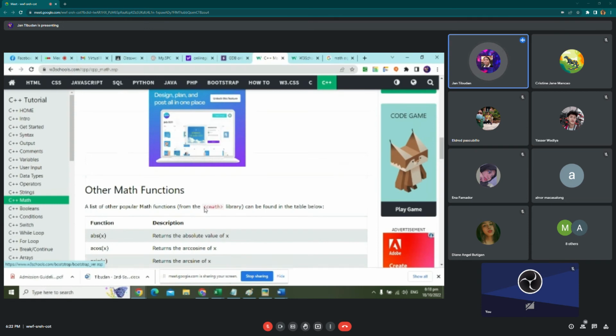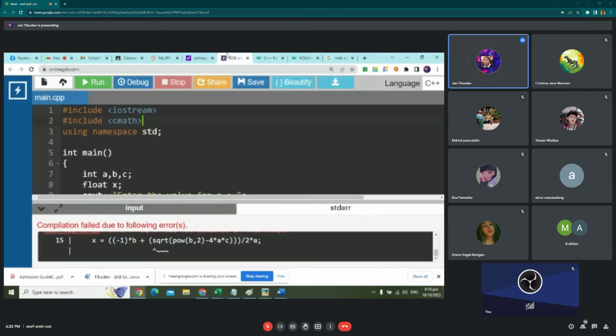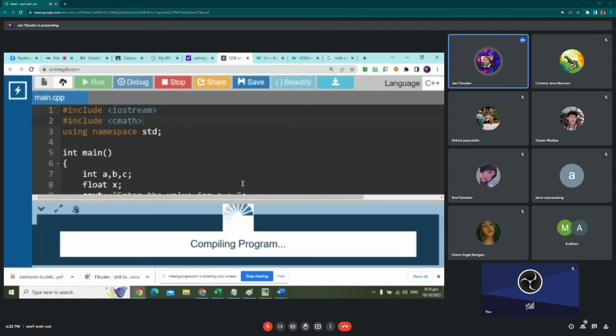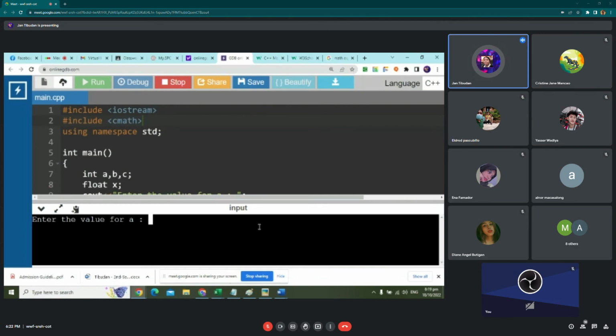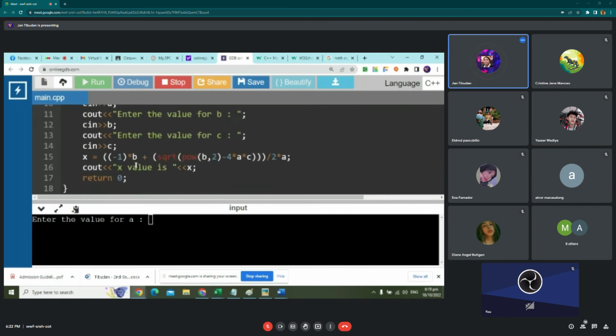So, kinahanglan ka mag-declare sa C Math library. Okay? So, ibutang nimo diha. Okay, now let's run that one. There you go. Wala siya error class. So, since na-declare na nimo ang CMath, so makagamit na ka sa POW function o sa square root class.